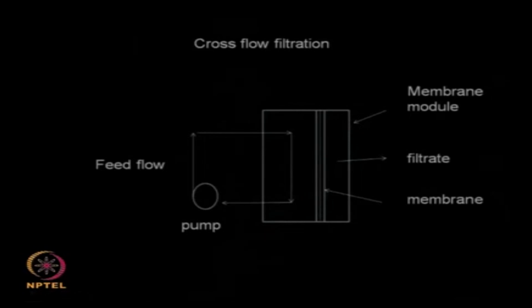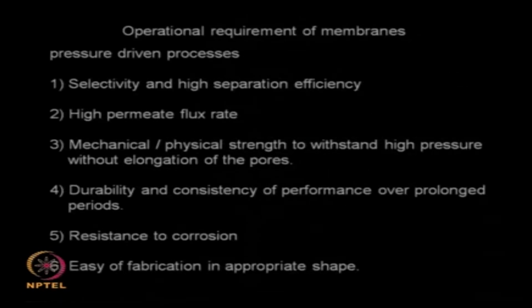So we can have a much longer filtration process when compared to the dead end filtration process. So fouling also gets reduced because your liquid is flowing parallel to the surface, so the boundary layer is not getting formed, okay. And even if there is a biofilm formed, it gets dislodged or washed out or removed, okay.